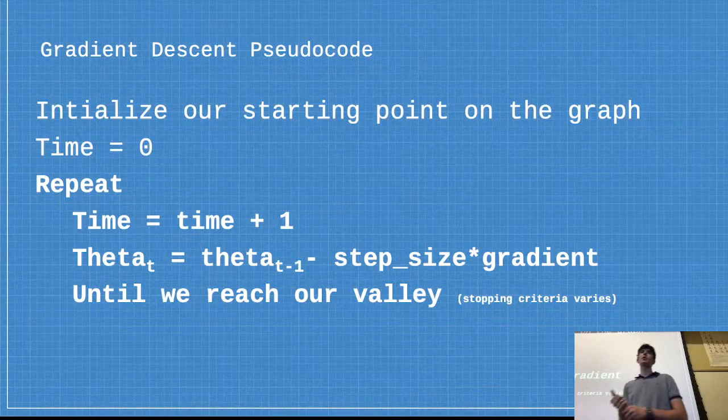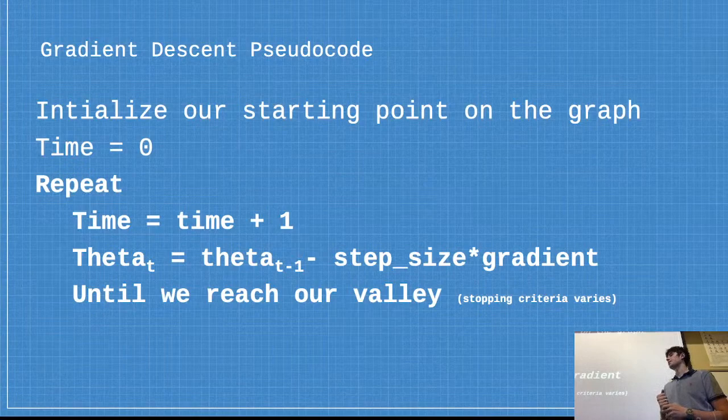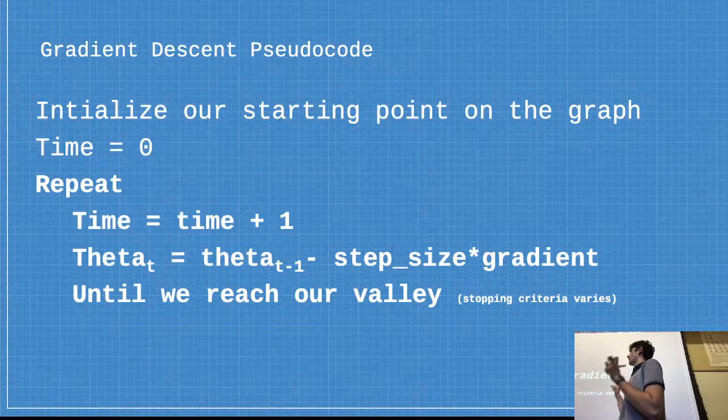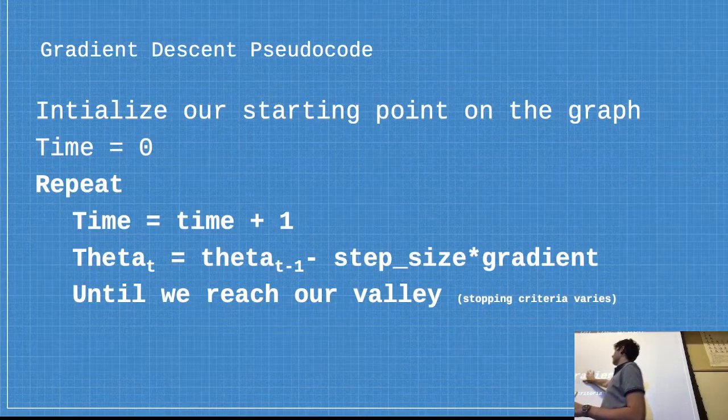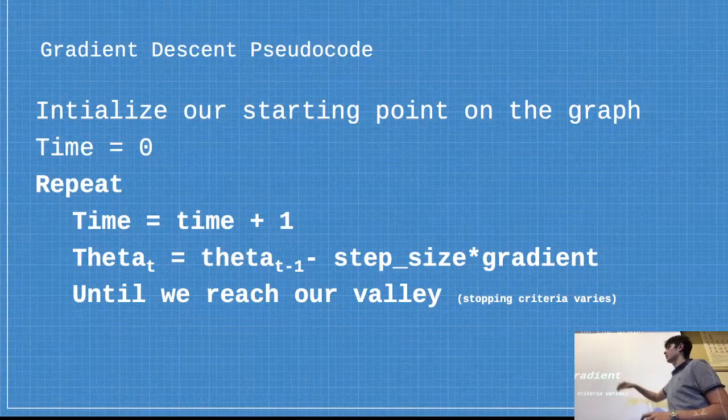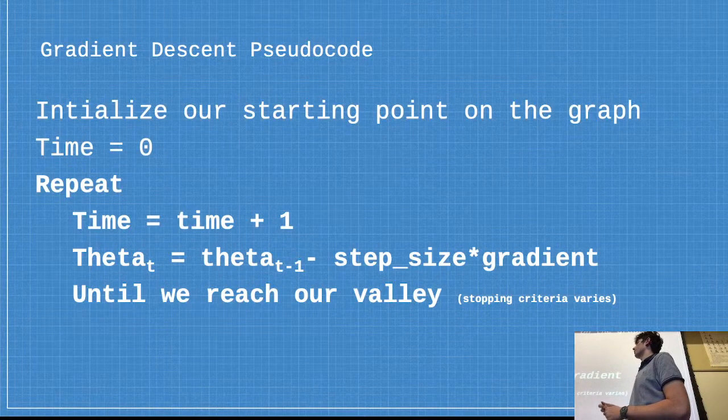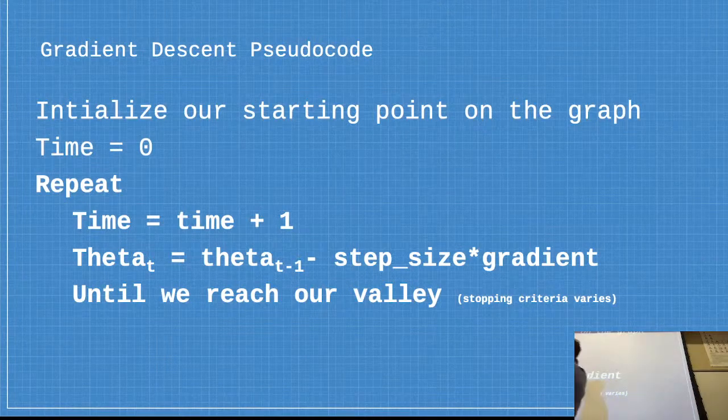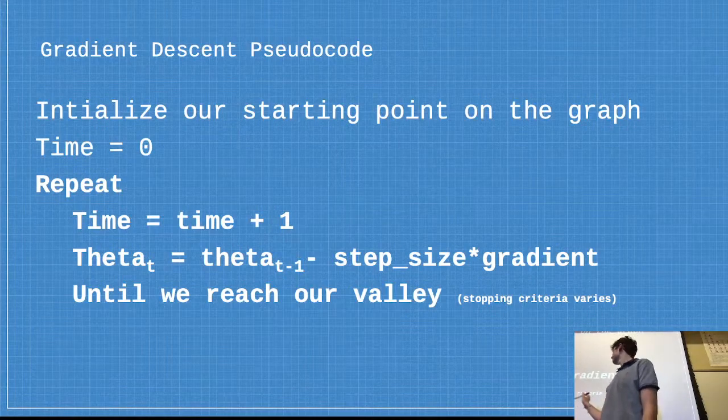And the gradient is a partial derivative. And you'll see that we don't actually refer to it as a gradient in the code. It will just be the derivative of the cost function. That's what the gradient is, the derivative of the cost function with respect to two different variables. And then we're iterating through all of this until we reach our valley.